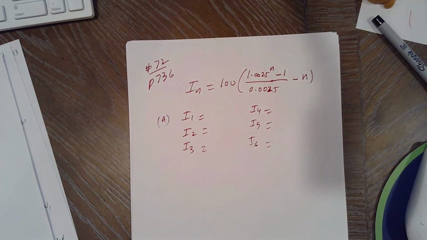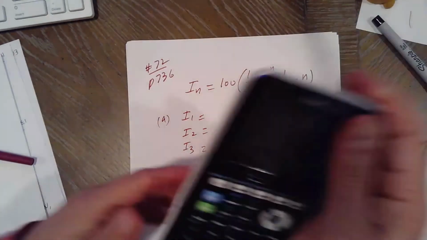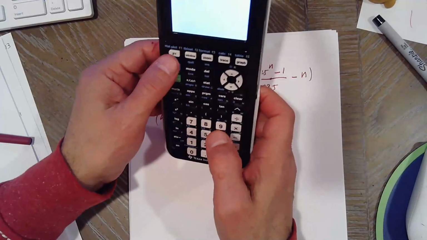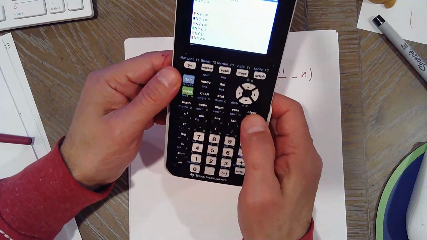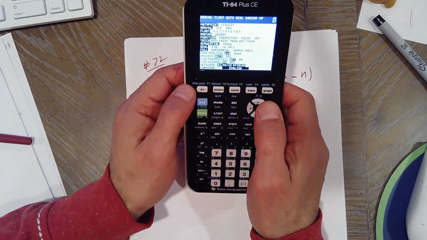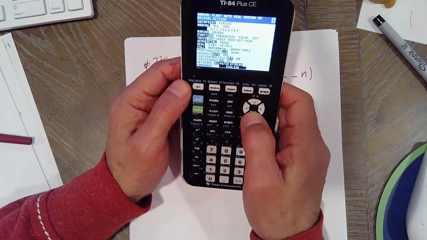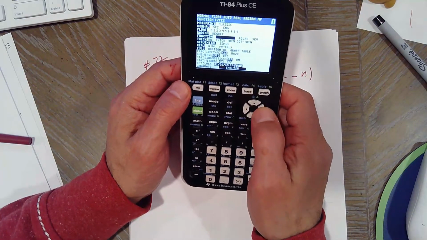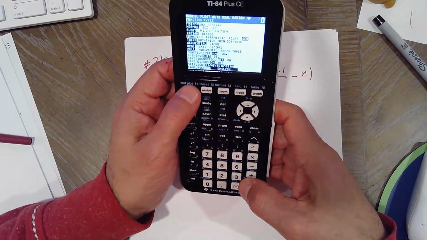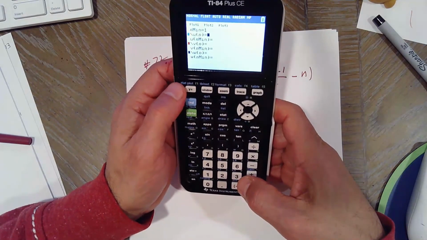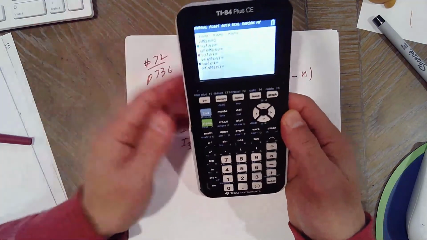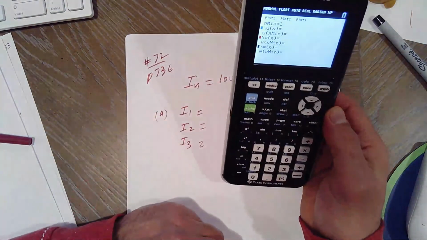What I'm going to do, I'm going to have you do it on the calculator just to save the hassle. So we're going to key in the equation. Let's go to sequence. So mode, let's change the function into sequence. You can see when we hit Y, it's u of n instead of a of n, it's okay.